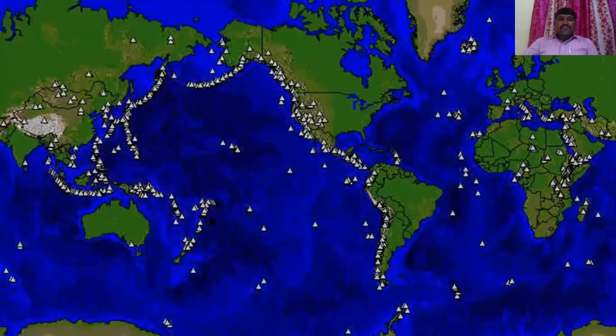Belts of the highest concentration of volcanoes are Aleutian Kuril Islands Arc, Melanesia, and New Zealand Tonga Belt. And it is very clearly found from the figure on the screen, which discloses the distribution of volcanoes across the world.